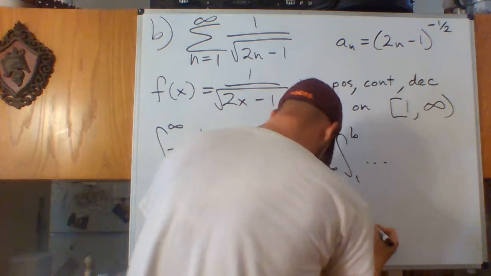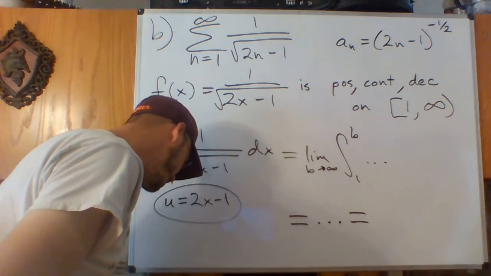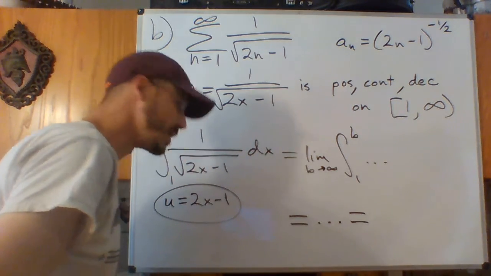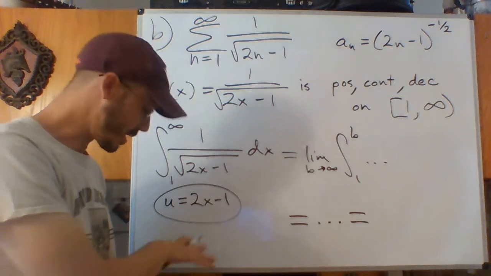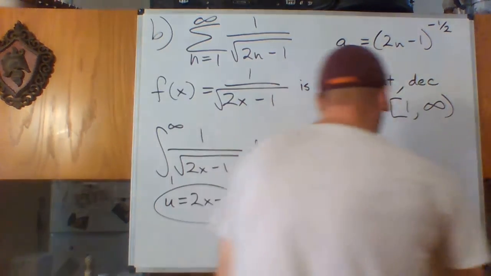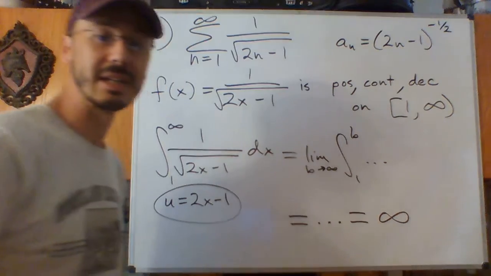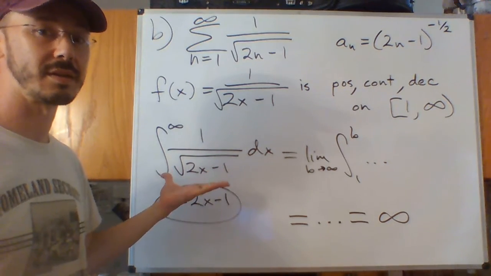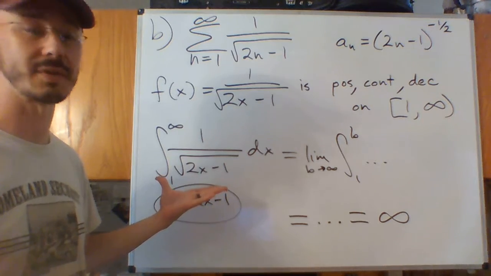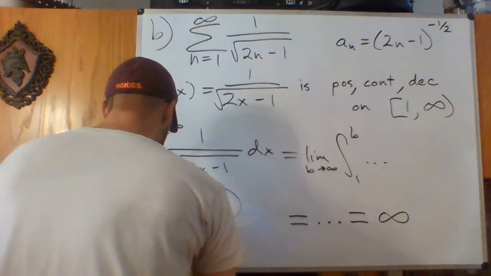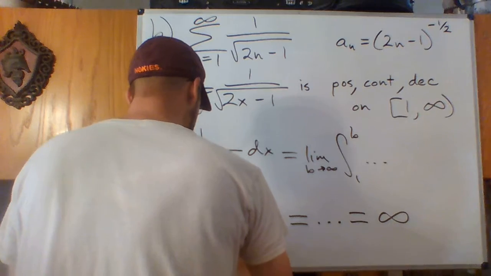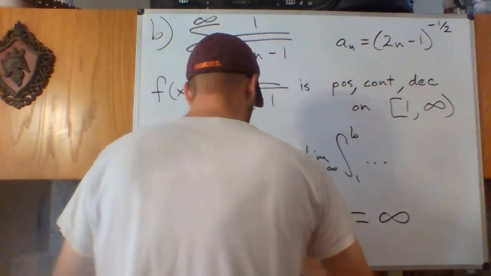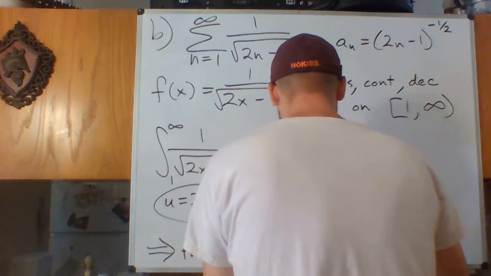What you're going to find is, it took me 6 steps to get to that it's equal to infinity. It ends up not being convergent. The improper integral here is not convergent. And that implies that the series is divergent.